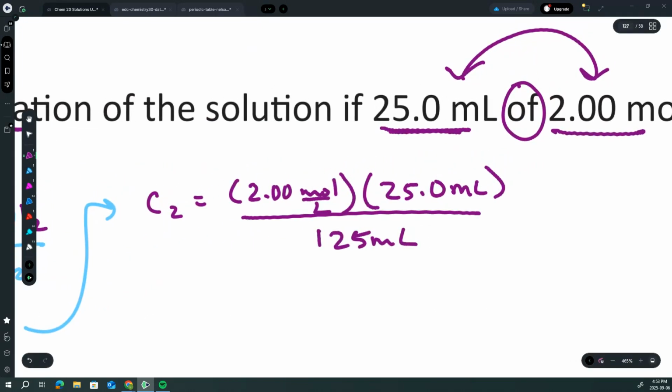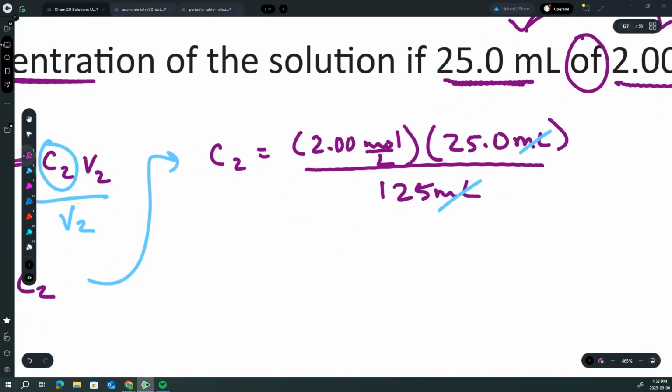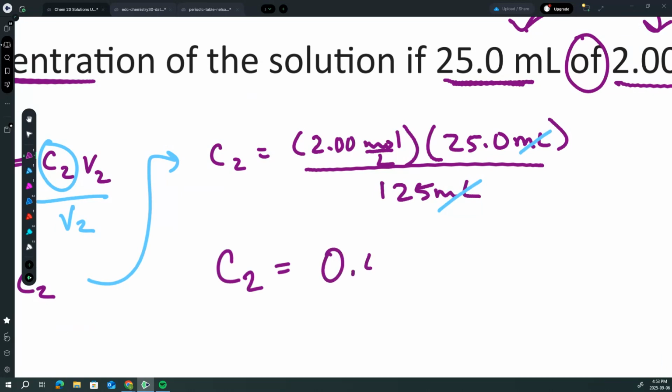So this is why the note on the previous page said you can have any units for concentration and volume, just so long as the initial units match up with the final units, because with this calculation we can see milliliters is in the top and the bottom, so they cancel out, and we're going to be left with moles per liter for our final units. So C2 is equal to, once we take 2 times 25 and then divide it by 125, that's going to give us 0.4 moles per liter.